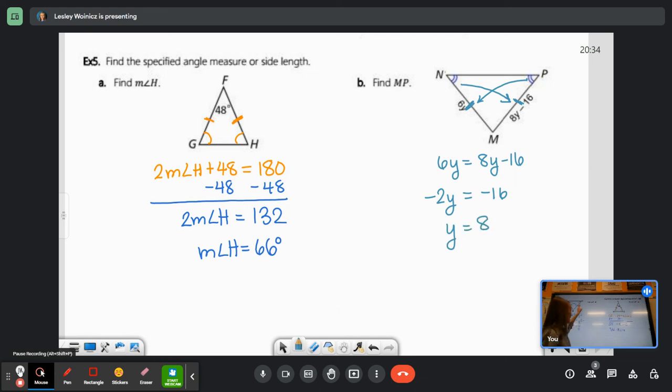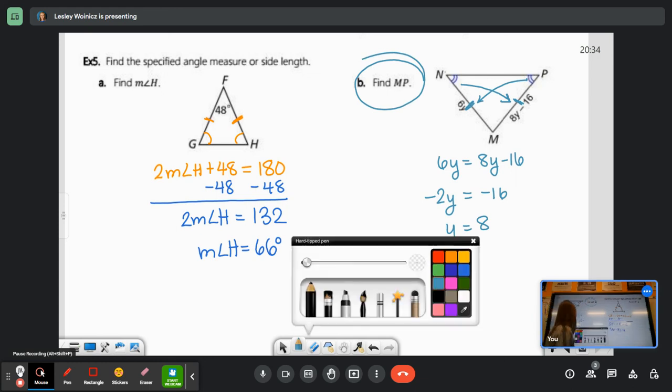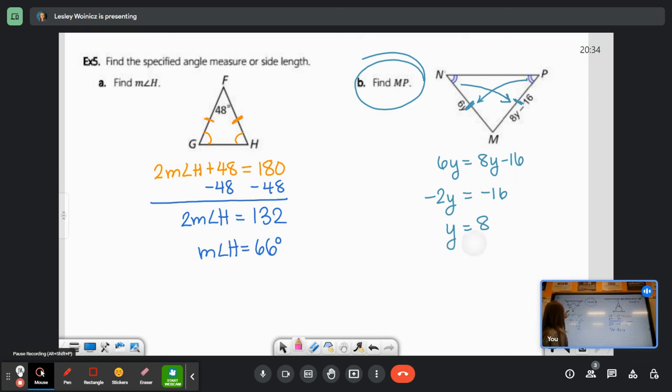Divide both sides by negative 2, and we get y is 8. But I'm not done yet because I want to find MP. Okay, MP is this one, but it doesn't really matter because I could use 6y also. They're congruent, but I'll just plug it in where it says so I don't confuse anybody. 8 times y, which is 8, minus 16.